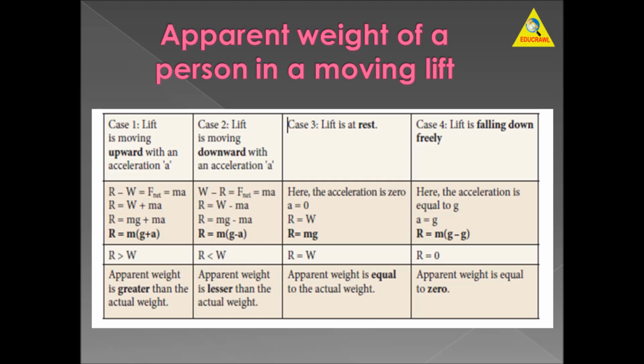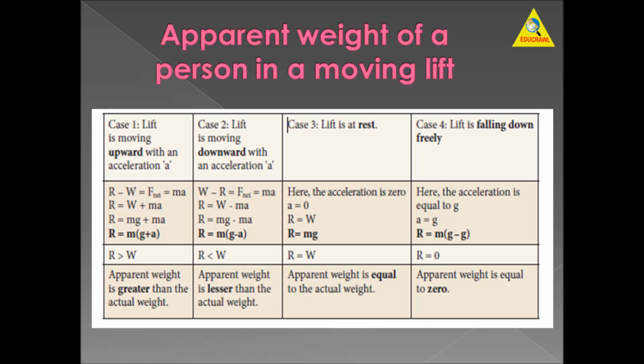Now I am bringing the minus W to the other side. So the equation becomes R is equal to W plus ma, where W is the weight of the man, which is equal to mg plus ma. Now m is in common. The small m is common in two terms. So I am taking that outside.